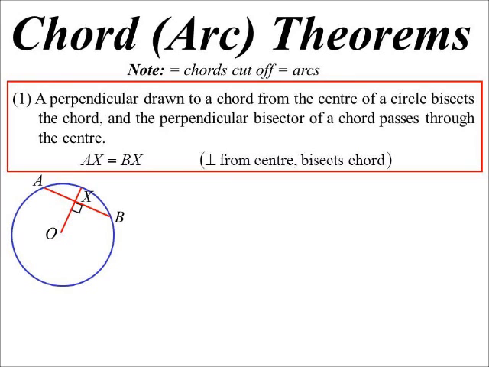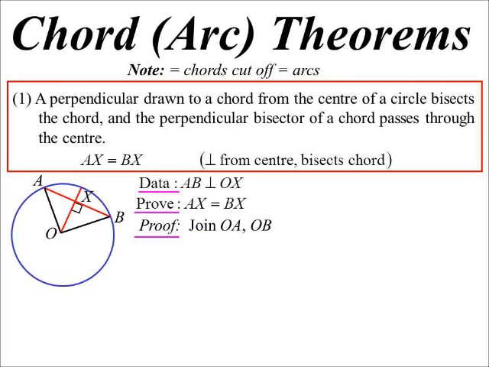I'm going to go prove that. So all I know is that AB is perpendicular to OX, and I'm going to prove that they are indeed equal. You'll find most of these are done via congruent triangles. So I'm going to join up OA and OB to create a couple of triangles. Then I know the angles AXO and BXO are both 90 degrees, so I've got an angle.